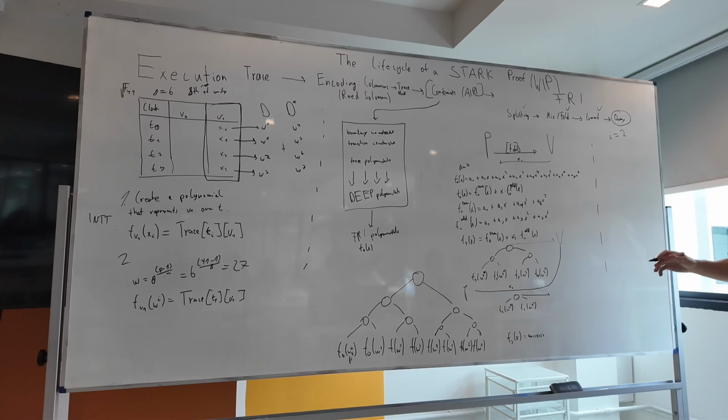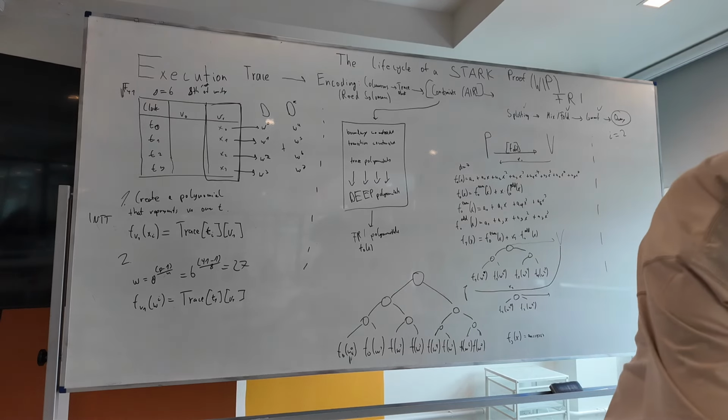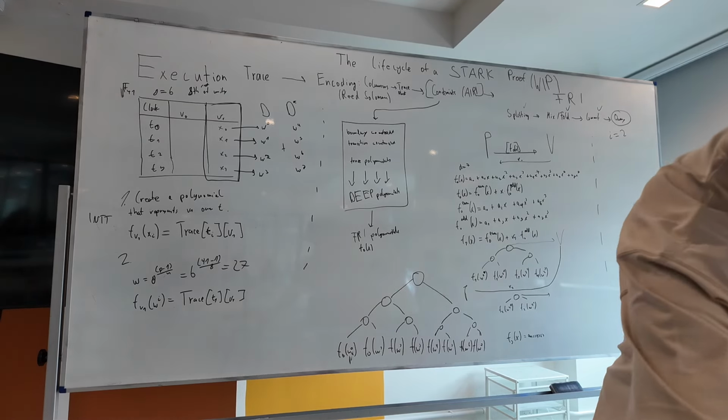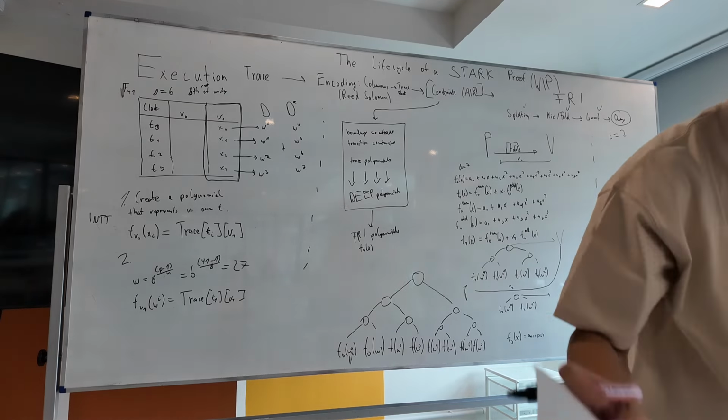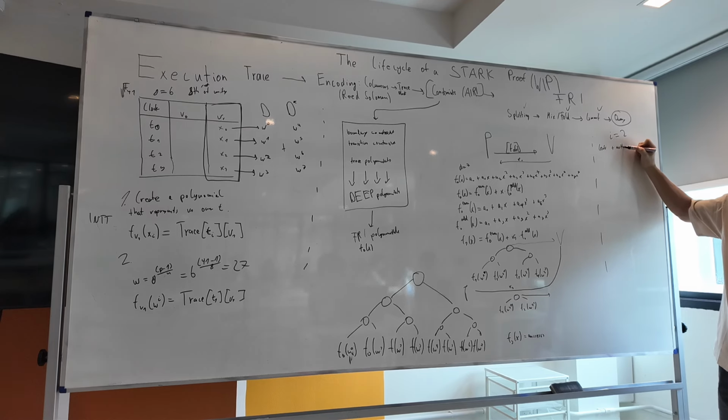But the cool thing about this is that the verifier, just giving us this index of 2, can request all the different evaluations at this index from the prover. And the prover is going to give all the leaves of the Merkle commitment plus the authentication paths.